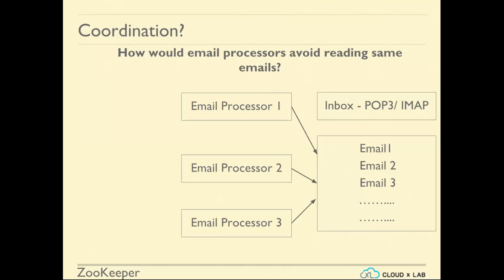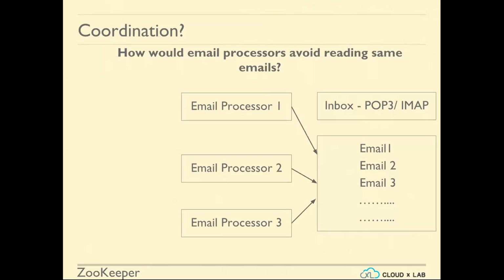Second, processor 2 and processor 1 might end up waiting for each other; there could be a deadlock if we try to coordinate.